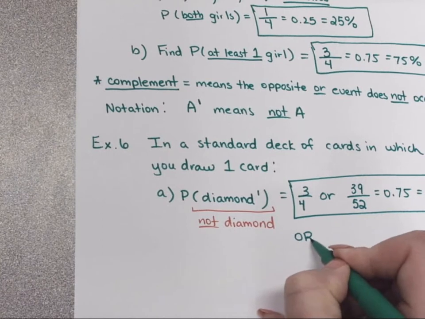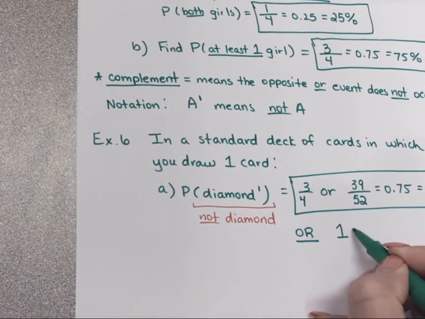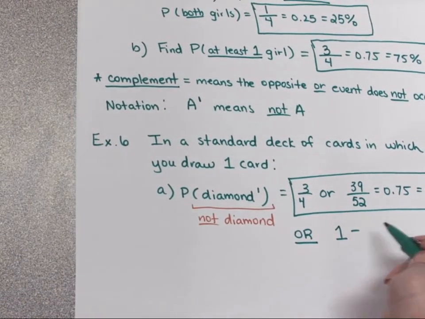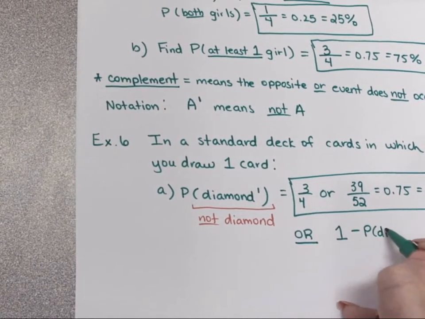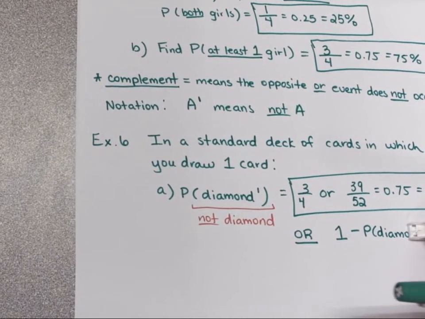But another way that is actually useful a lot of the times would be to talk about the probability of what you have and then just subtract it from 1. So what I mean by that is you could also say it's going to be 1 minus the probability that it is a diamond. Okay, notice this way involves having to count a lot less cards.